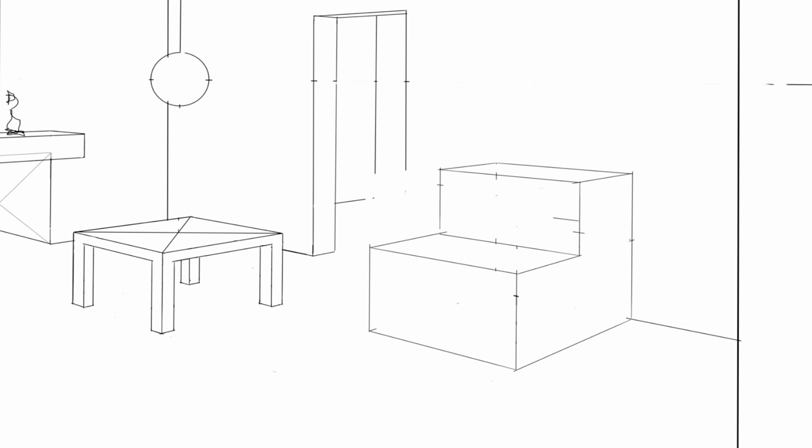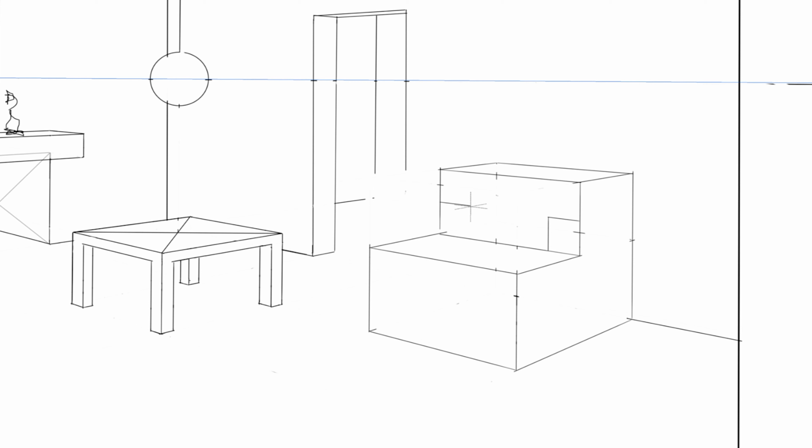Just like we drew a rectangle on the wall to create a cube projecting out to create the chair, right? I'm drawing a rectangle on the back of the chair that I'll then project out to create the arms. You could stretch a line across here to see how high to make the other one, you know. Okay, so there's two rectangles that I drew on the back of the chair.